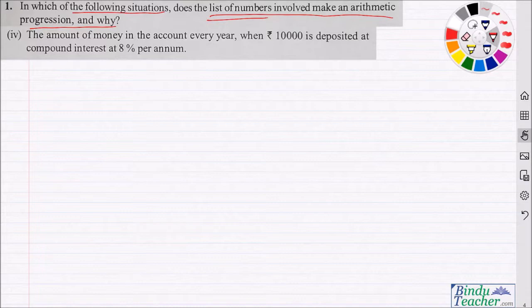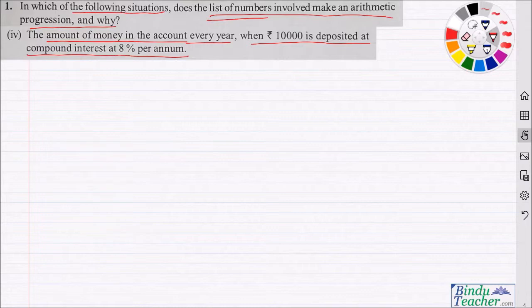It says the amount of money in the account every year when rupees 10,000 is deposited at compound interest of 8% per annum. So what is the list of numbers here? The list of numbers is the amount of money in the account every year. So every year we have to see what is the amount of money in the account, and then that becomes your list of numbers.